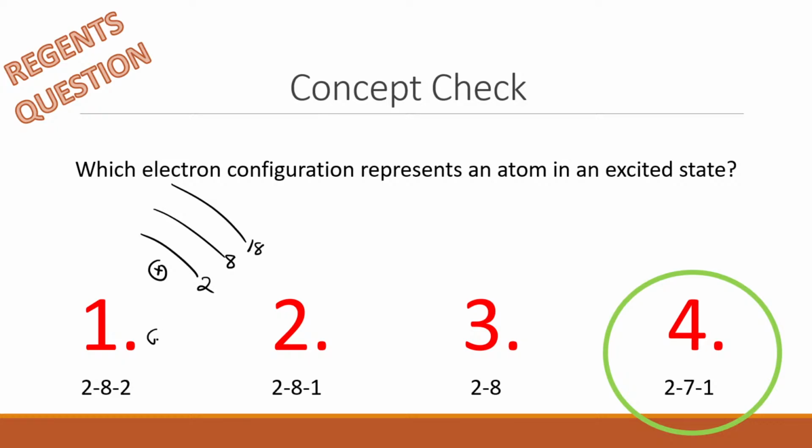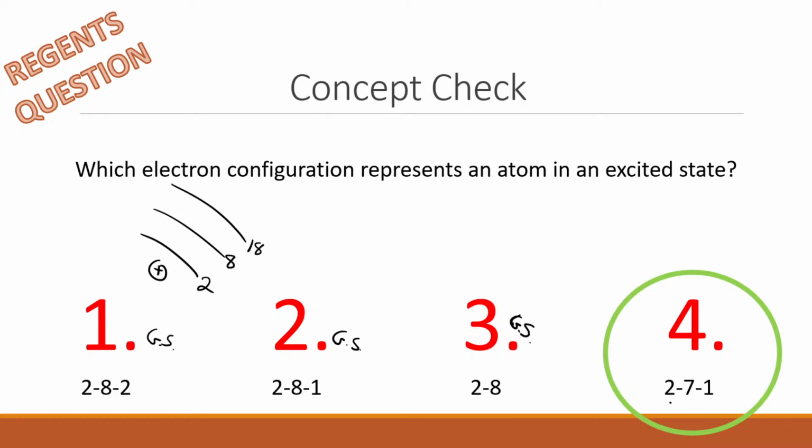That's ground state. It uses exactly what we expect. Same thing here. 2, 8, 1 fills the first, fills the second, puts the remainder in the third. That's also ground state. 2, 8 fills the first, fills the second. There is no remainder. That's also ground state.